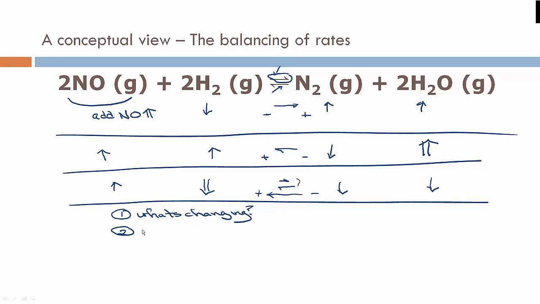That is, which direction will the reaction actually run faster and get back to equilibrium? So you determine the direction of the shift. And then the last thing that you do is, from the direction of the shift, you predict what happens to all other substances.